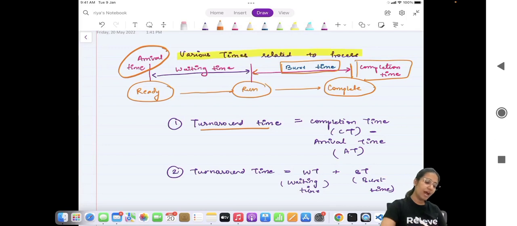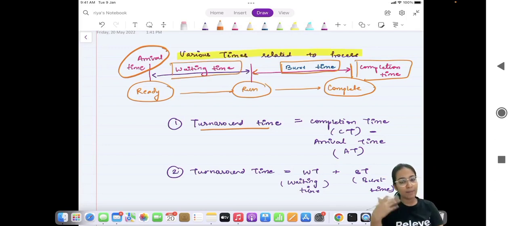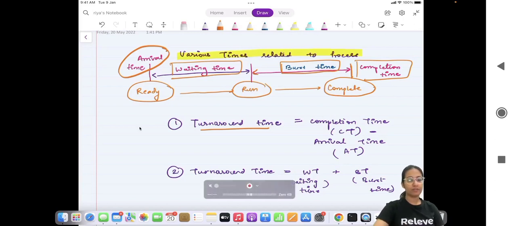Then we have the waiting time, and waiting time is basically the total amount of time for which the processes wait for the CPU to be assigned to them. Okay, so these are basically all the terminologies that you need to know before moving ahead and talking about all the algorithms. Okay, perfect.